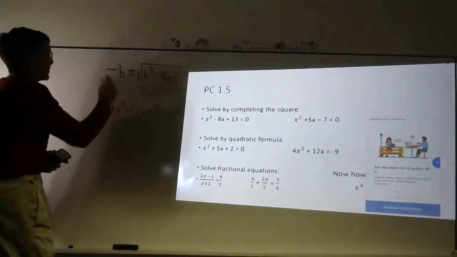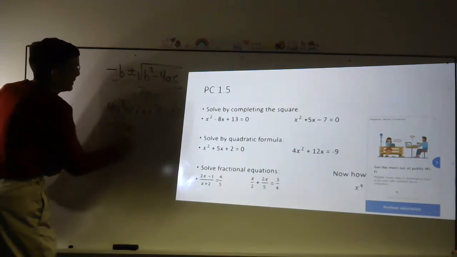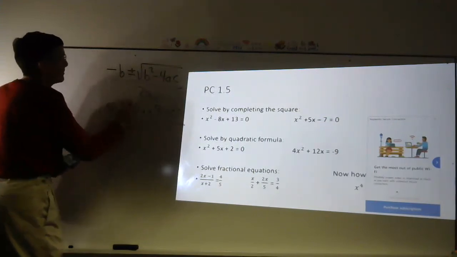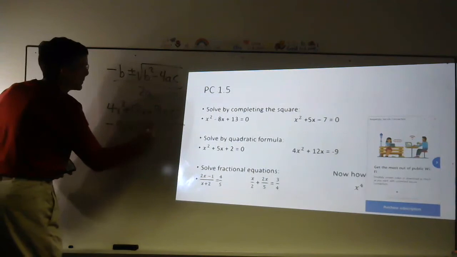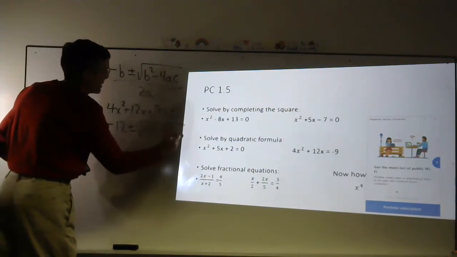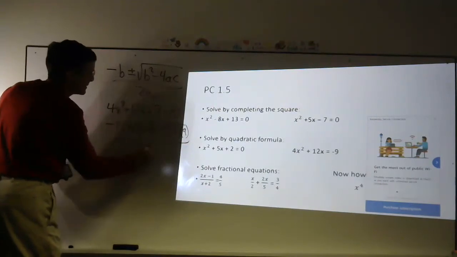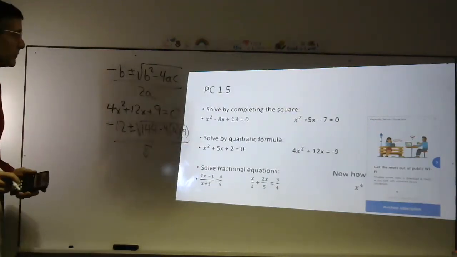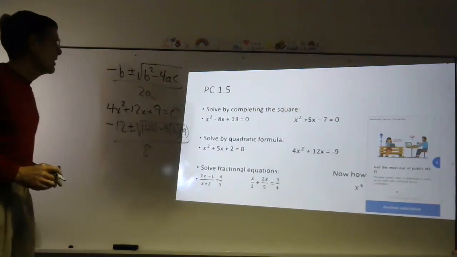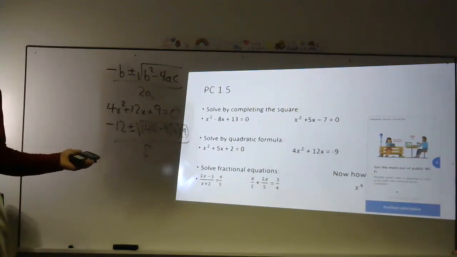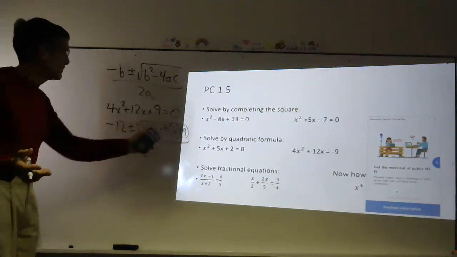Here we go. The opposite of B is negative 12 plus or minus the square root of B squared, which is 144, minus 4 times A times C, all over twice A is 8. Okay? 16 times 9, 144. That whole root goes to 0.